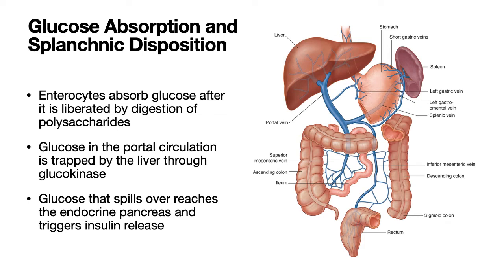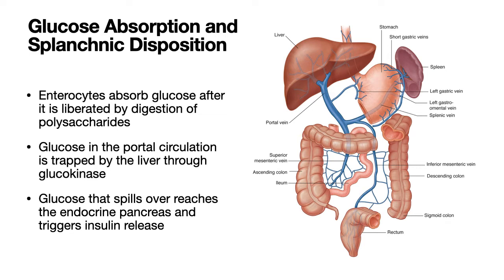So this slide will tell us what happens to glucose once it is already present in the abdominal viscera and how the abdominal viscera processes that glucose. First, the enterocytes, or the epithelial cells of the small intestines, the cells found in the mucosa, will absorb glucose after it is liberated by digestion of polysaccharides.